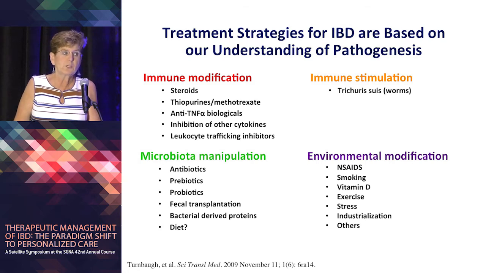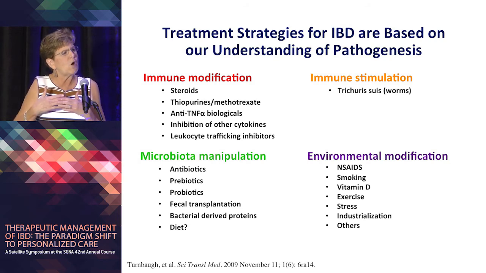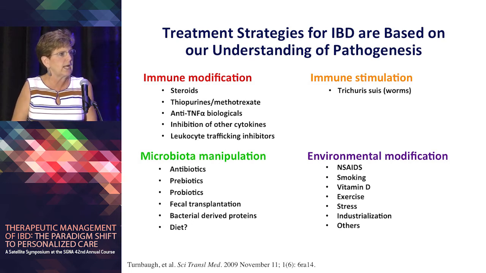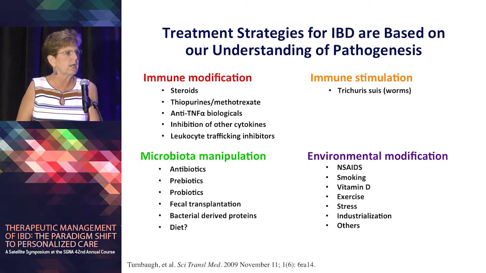Fecal transplant is the new one on the block; though it's been approved for C. difficile infection, it's really being studied in a lot more. Immune stimulation, this is the worm. This all has to do with getting back to the hypothesis that we've become a sterile population, that before modern times, most children and adults were known to have worms in their system. So perhaps that's how we have to change things.